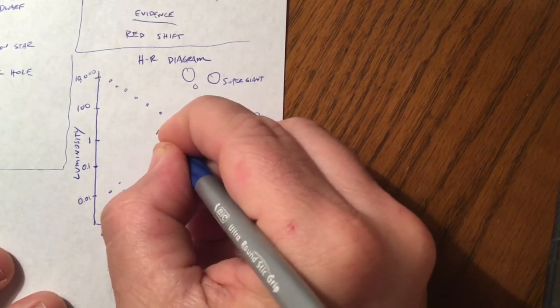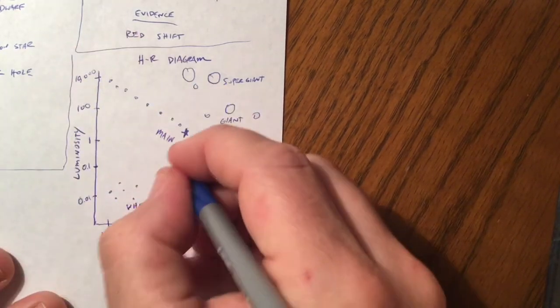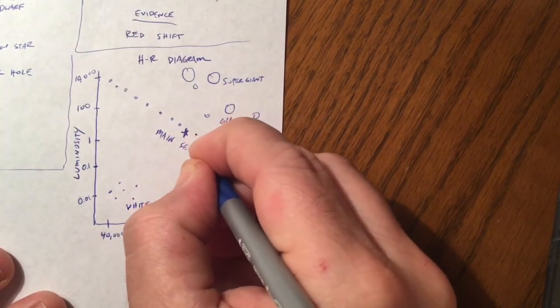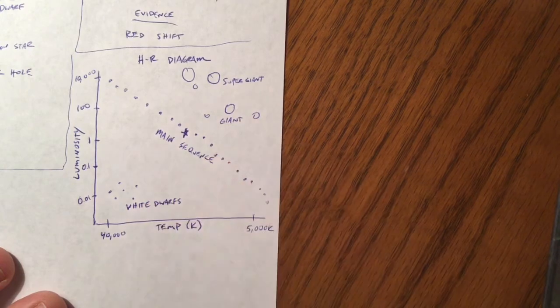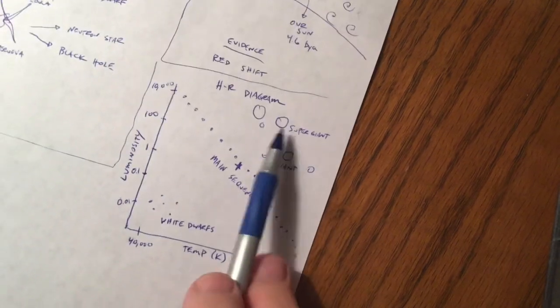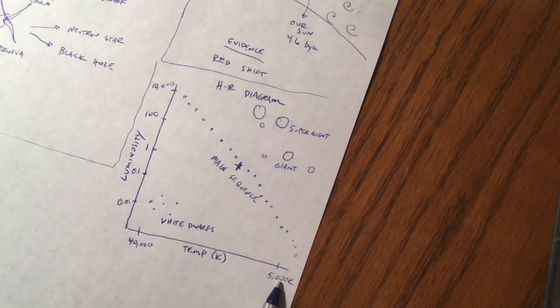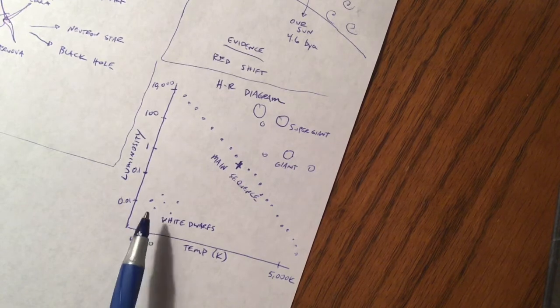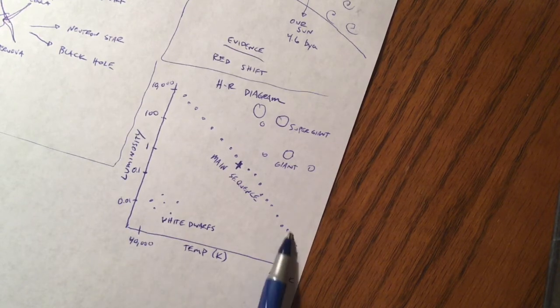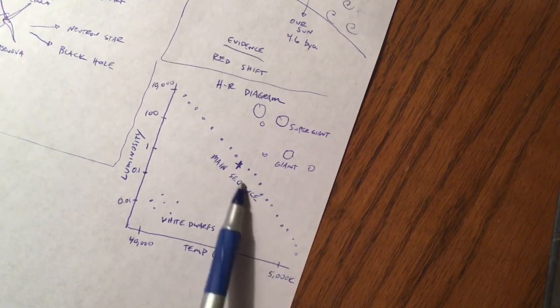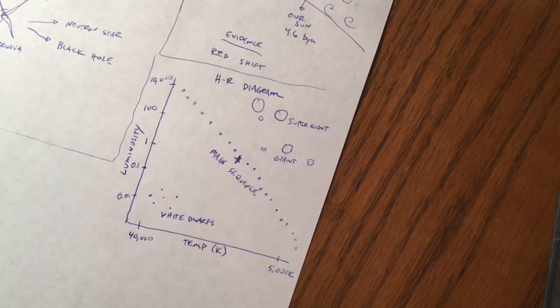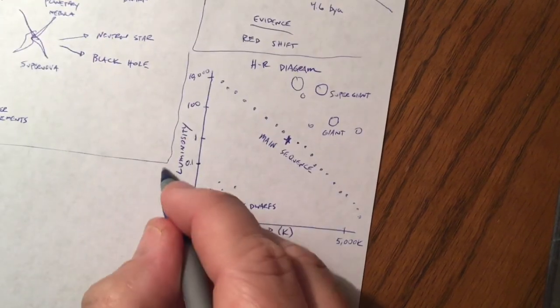Remember, this thing in the middle, the line across, is called the main sequence. So giant stars are very bright but less hot. White dwarfs are super hot but not as bright. And main sequence stars, the hotter they are, the brighter they are. Okay.